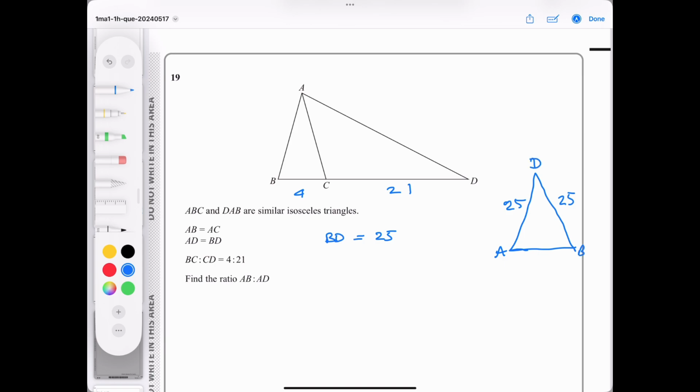What does BA equal then? And then BC equals, I'm not going to worry about that for a moment. So that's that bit. That's 25. Hang on, I should know. Okay, so I've got the bottom of that. Find the ratio of AB, so that's that, to AD.